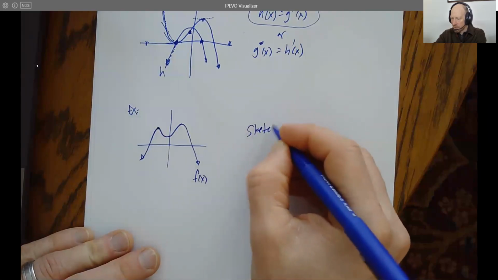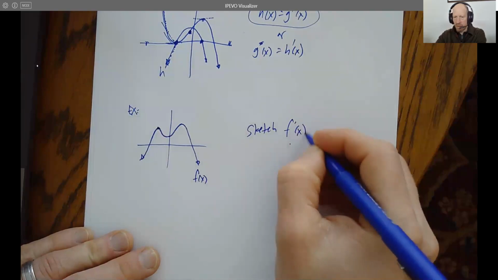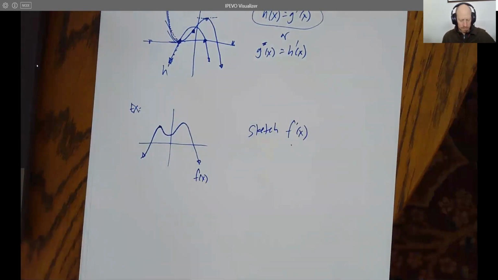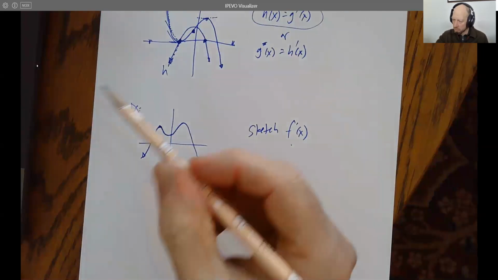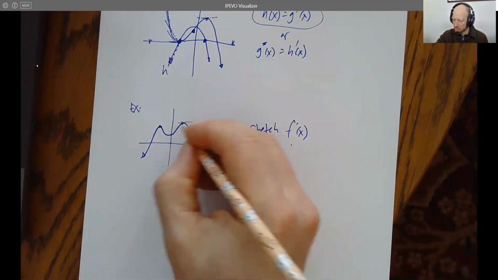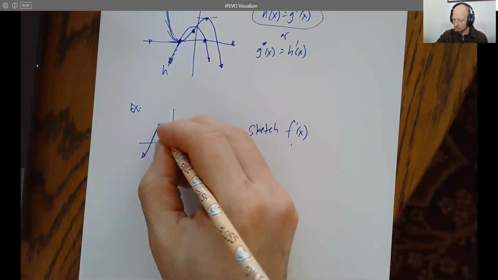And let's see if we can sketch f prime of x. So just like before, it's a very useful strategy. Start by finding where your function has horizontal tangent lines. And you can see there are 3 spots here, right, where there are horizontal tangent lines.